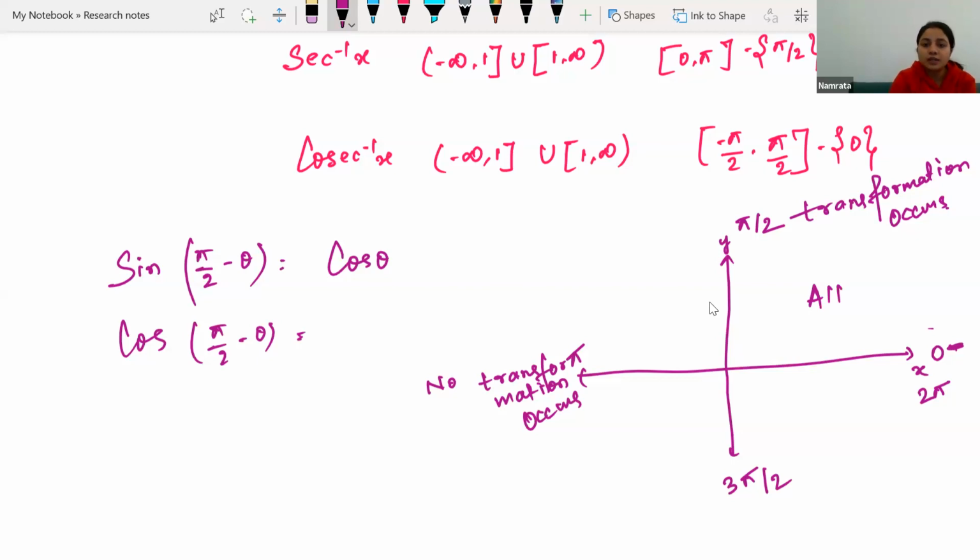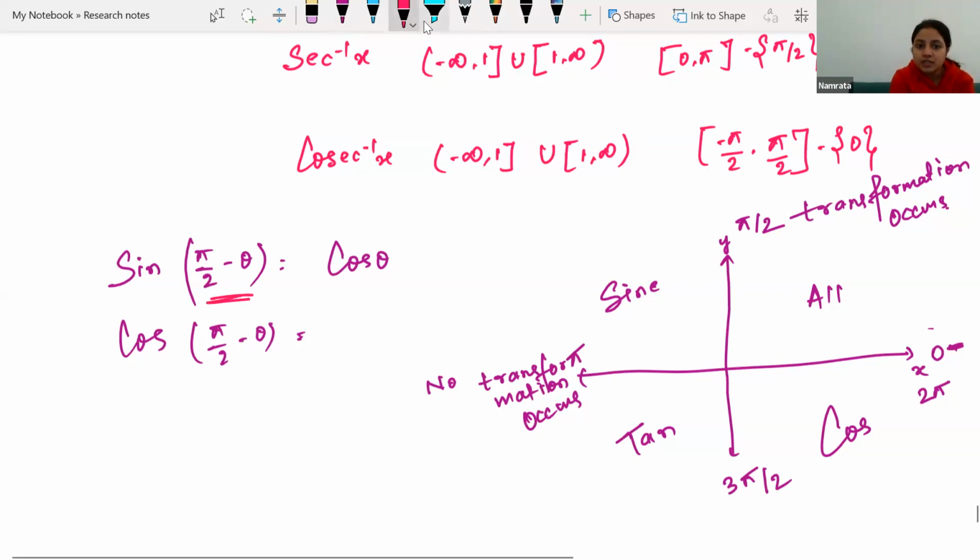In the second quadrant, sine is positive. In the third quadrant, tan is positive, and in the fourth quadrant, cos is positive. So what's the meaning of transformation occurs and no transformation occurs? If you already know, well and good. If you don't know, this is just a recap of the previous concept. With the help of pi by 2 minus theta you can understand. However, we will be taking other angles also.